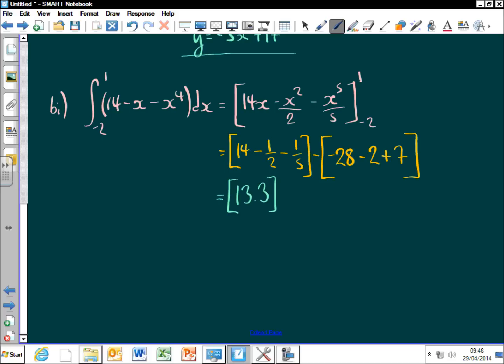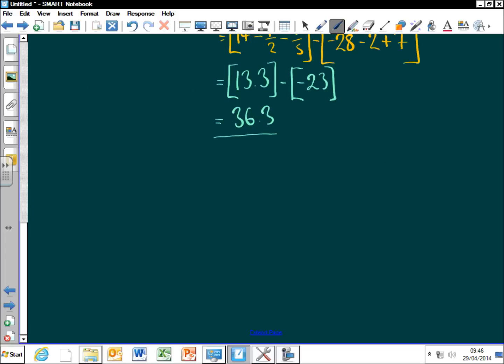Okay, and then I'm going to take away minus 28, minus 30, plus 7, so that's minus 23. Okay, put these together, so it's 13.3 plus 23, so that's going to be 36.3, I think. So that's the area under the curve between 1 and negative 2.